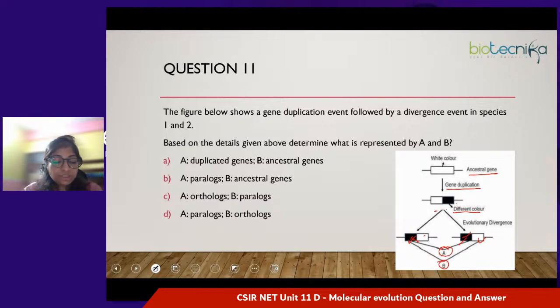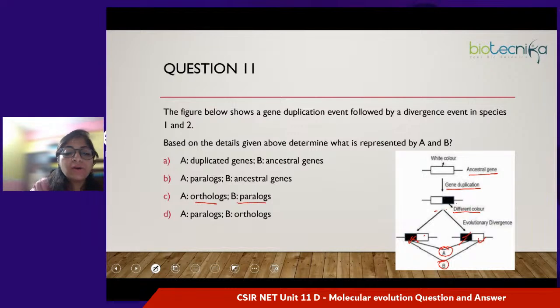The group of genes that differ from each other because of the different species of their owner individual. What kind of genes are they? They are orthologous genes.